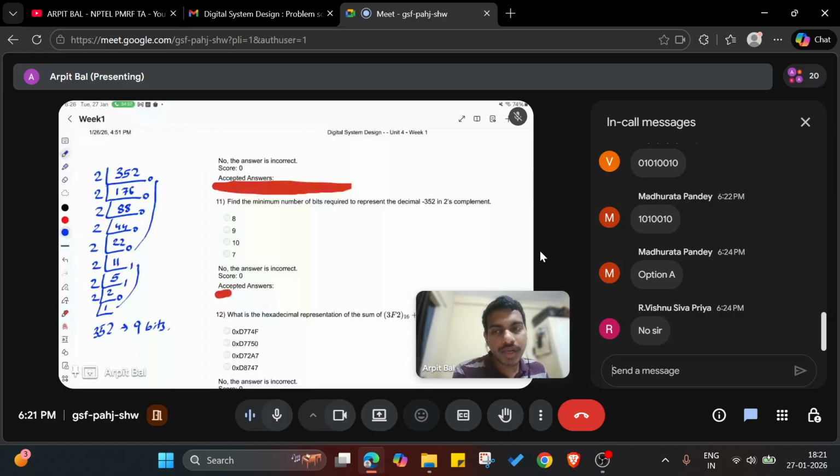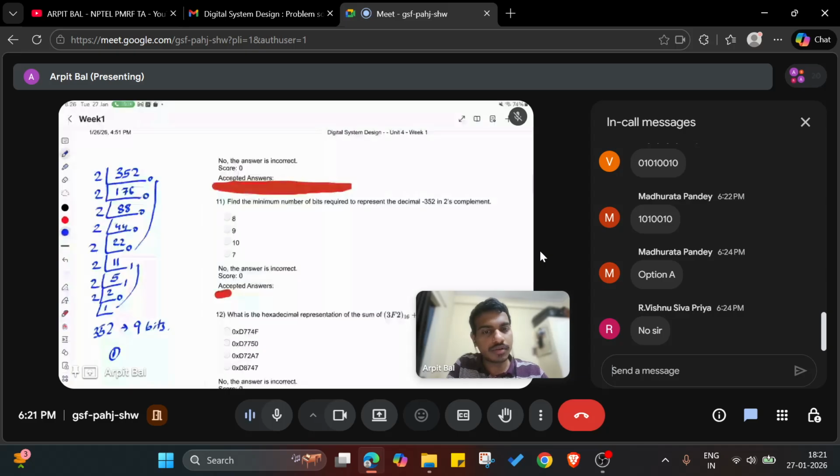But to represent minus 352, if you see that we do not have a sign associated with this number, so we are not putting a 0 in front of it. But to represent minus 352, we will need to put a sign, that is 1, in front of it, be it 2's complement form or sign magnitude form.